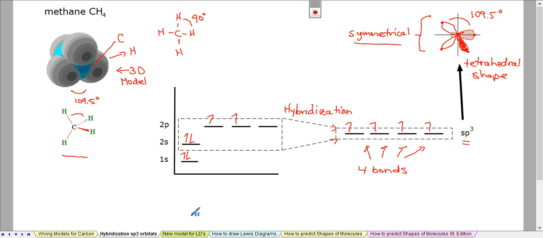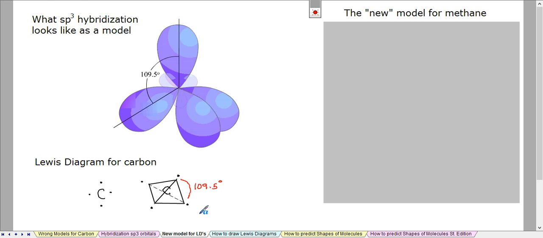So now we're going to look at a new model for Lewis diagrams, so we can see what our hybridization model looks like. We've got 109.5 degrees. The Lewis diagram for carbon would look like this when we write it on paper, but in reality we've got this tetrahedral shape, if you can imagine it to be like a pyramid.